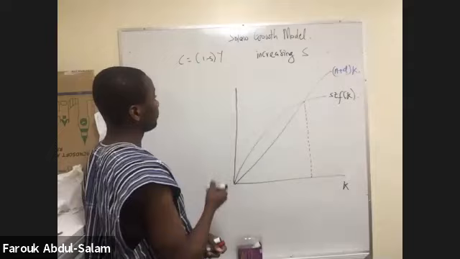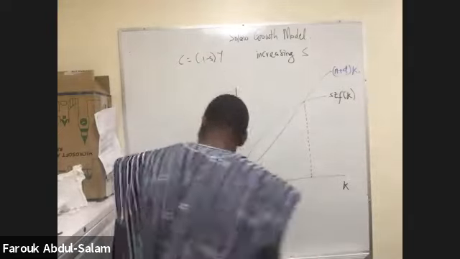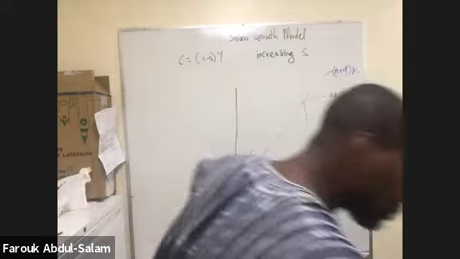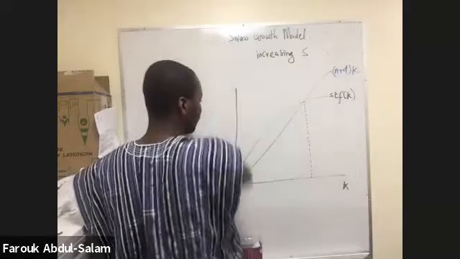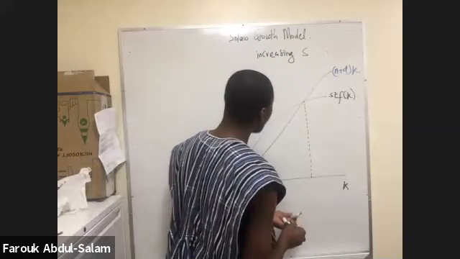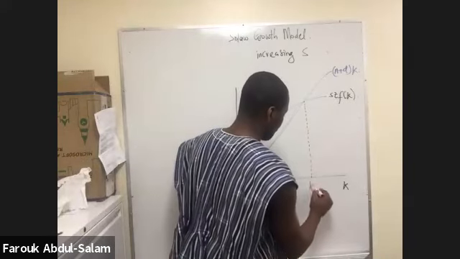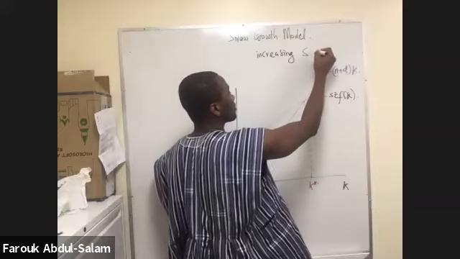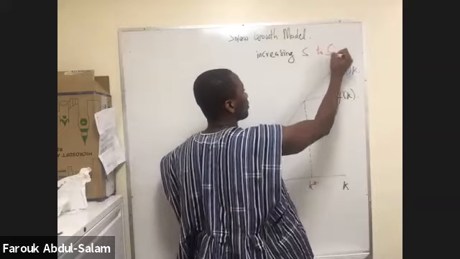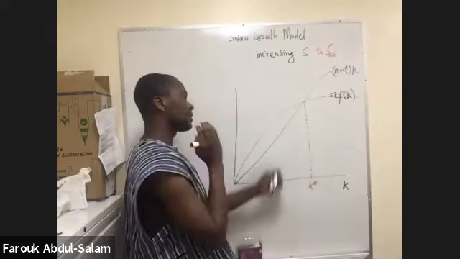So what we are going to do here is a couple of comparative statics. Let's see what happens. We have the K star here. Now what happens when we increase S to S2? What happens to this line?